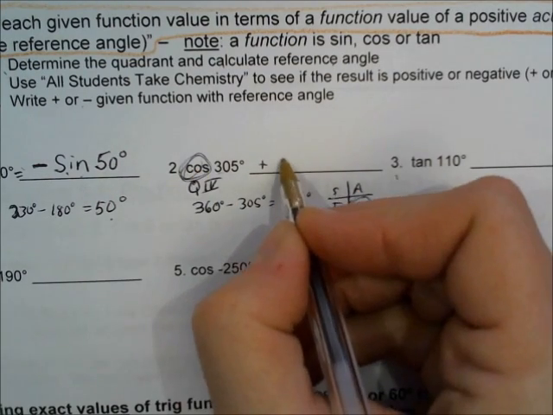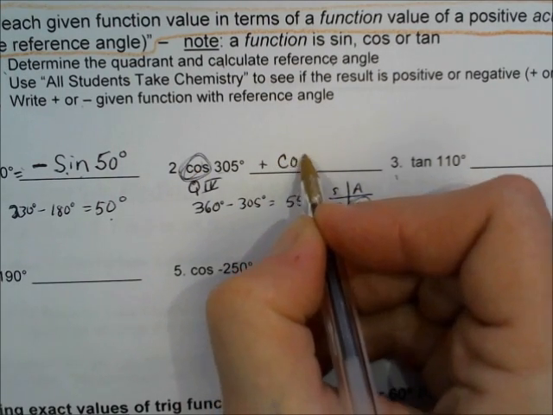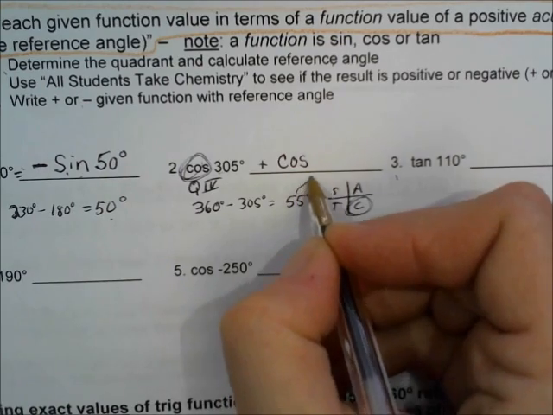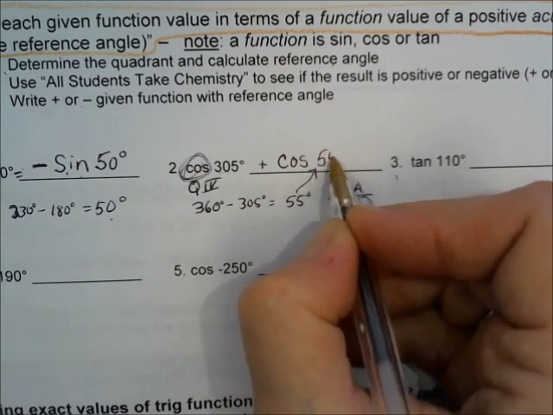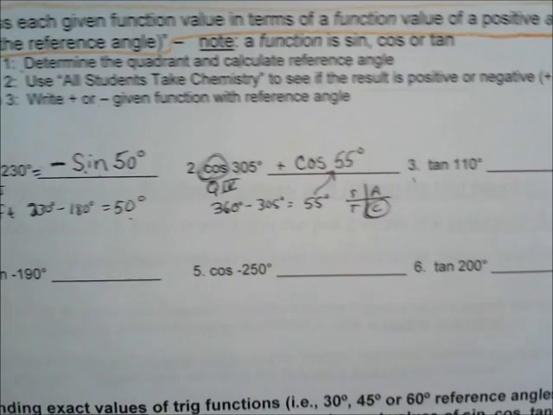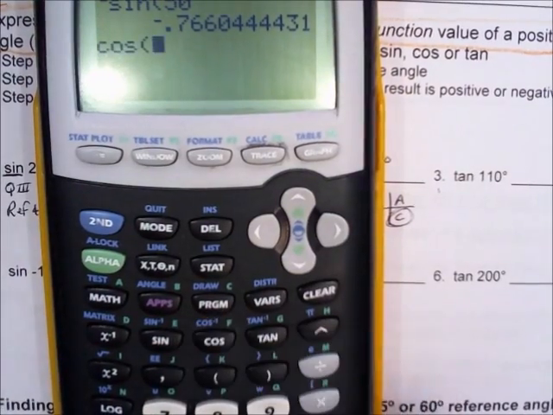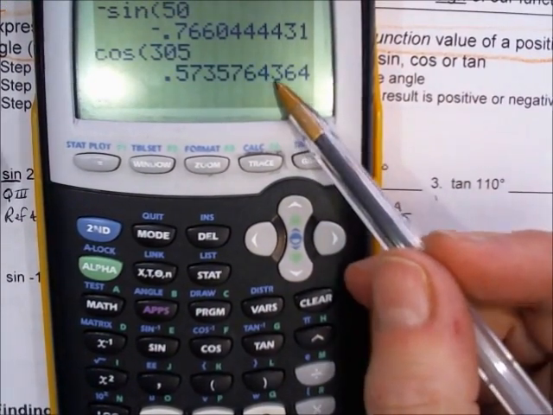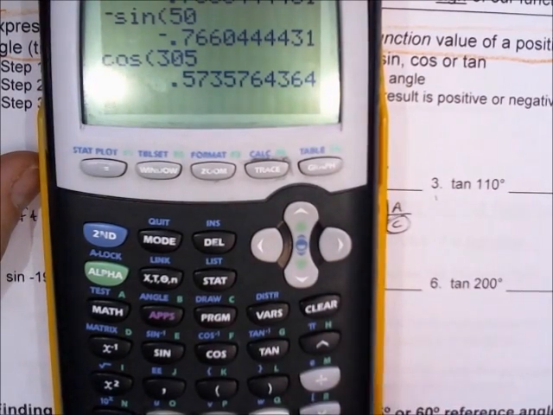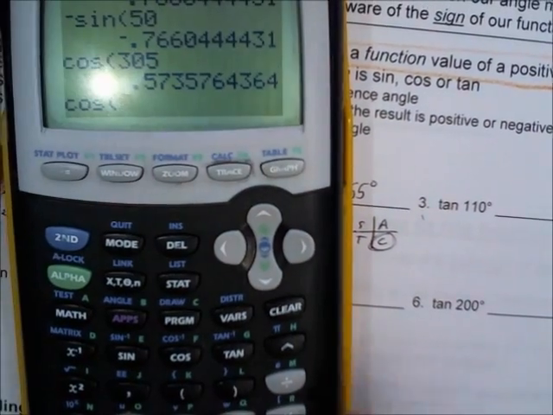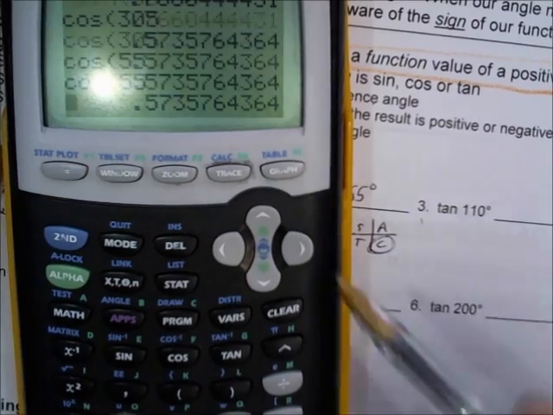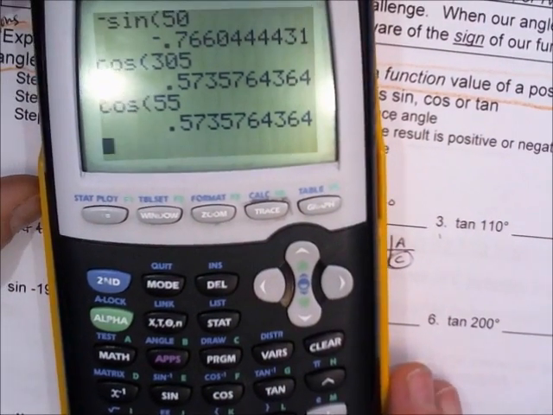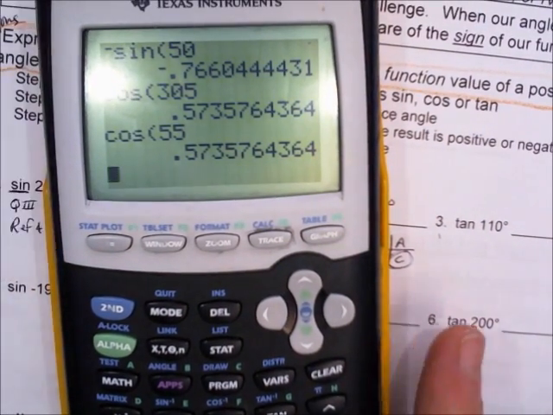So the cosine of 305 becomes the positive cosine of that reference angle, 55 degrees. In our calculator, if you type in the cosine of 305, you'll get a positive number. And if you type in the cosine of 55 degrees, it should be the exact same number, and they are. So that's our check to make sure that we're right.